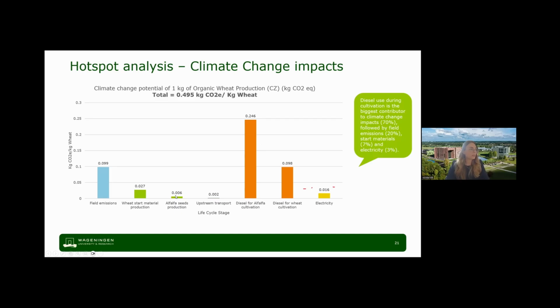And you see, for example, the inputs, the starting material for wheat and the alfalfa, was way lower. So this is how we can really trace back where the impacts come from and what the hotspots are, so farmers can focus on the identification of these and potentially reduction.